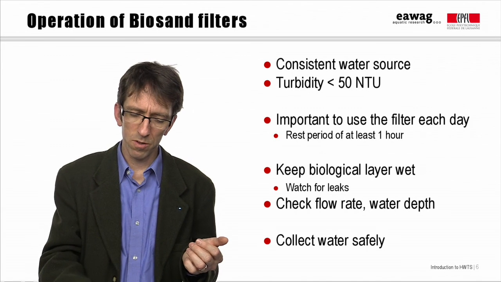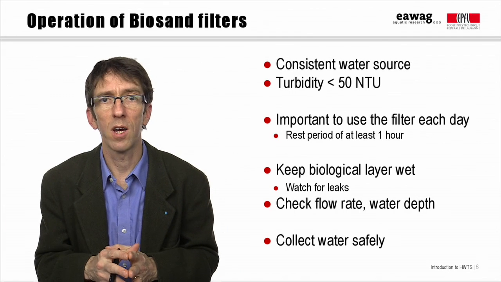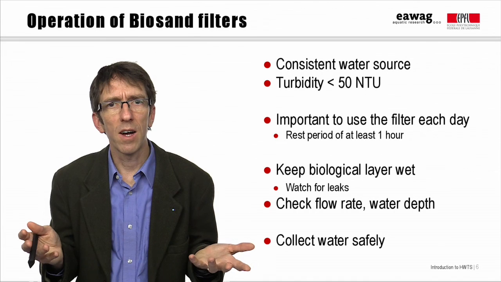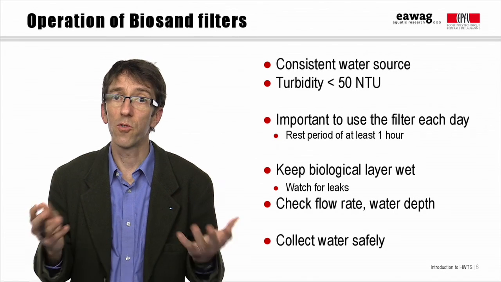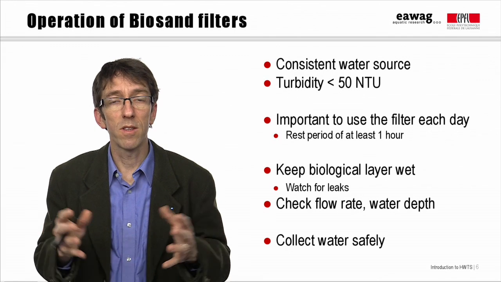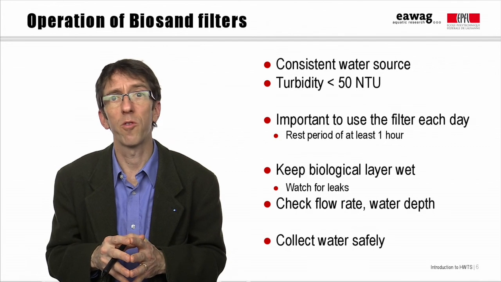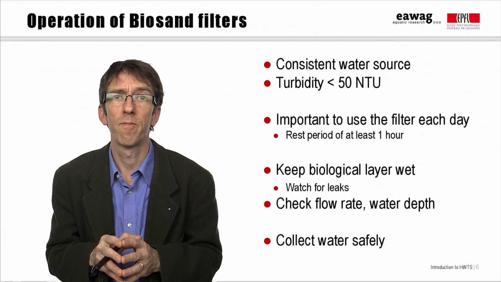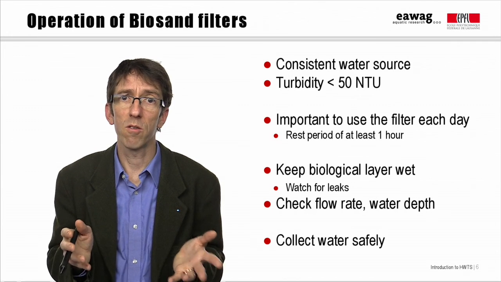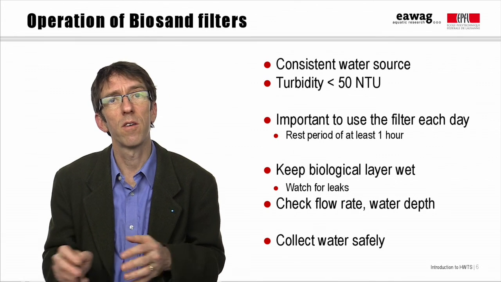It's important to use the filter each day, at least one time, and perhaps 3 or 4 times. When the filter is not used, the dissolved oxygen in the water can be consumed, and this can be bad for the microbes in the filter, including in the Schmutzdecke, which are important for good performance of the biosand filter.